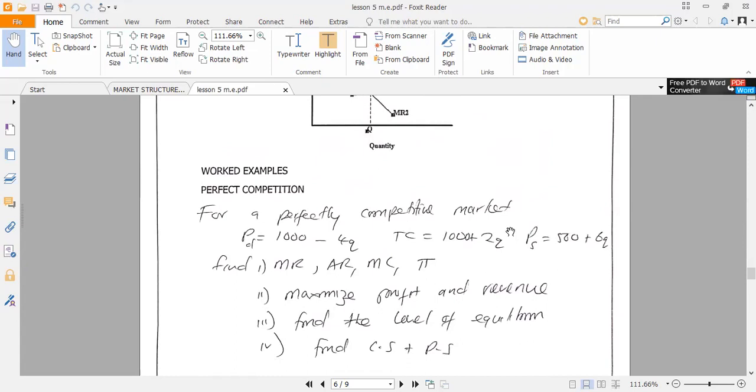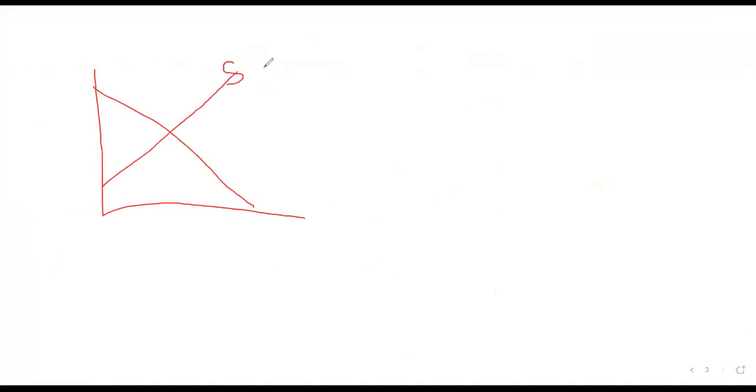I'll now go to another important theory which we looked at last time, which was demand and supply. I said demand function is always downsloping, supply is always upsloping. So supply has a positive slope. Dealing with supply, the price is equal to what?